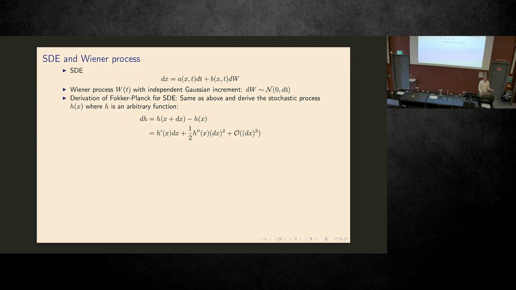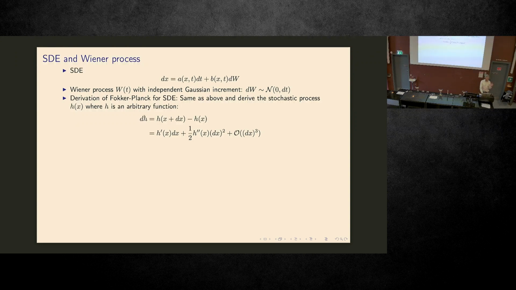And how do we then derive the Fokker-Planck equation for the stochastic differential equation? We use what is called Ito's lemma, which means we now want to look at what stochastic process corresponds to taking a function h of this stochastic process.